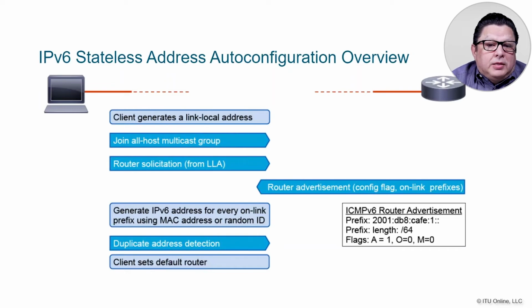And then at this point, the device is going to send a router solicitation. Hey, is there a router out there? The router will reply with the prefix 2001:DB8:CAFE:1, and those are the 64 bits for the network.